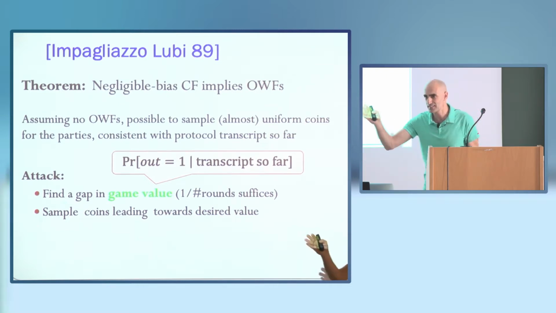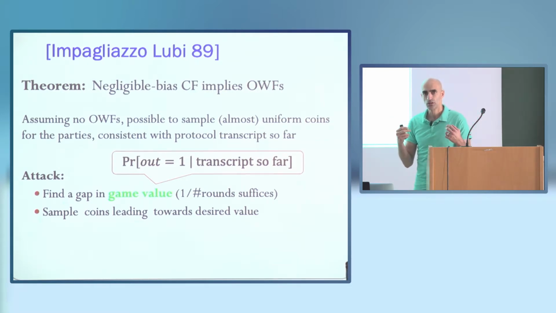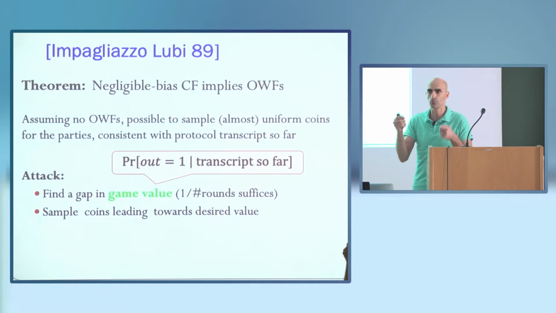You can even guess the round number, and sample coins that agree with the transcript that you've seen so far, and take one such that, if you look the whole way, the random coins also determine the output, and the output goes your way.